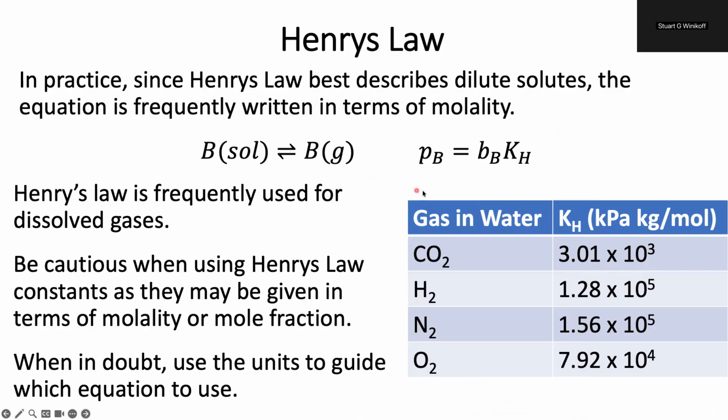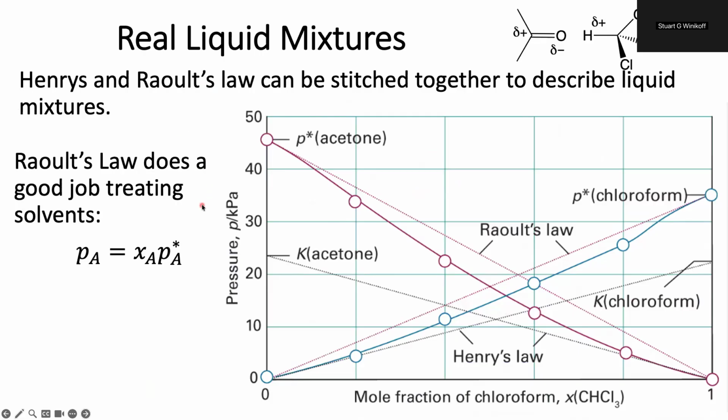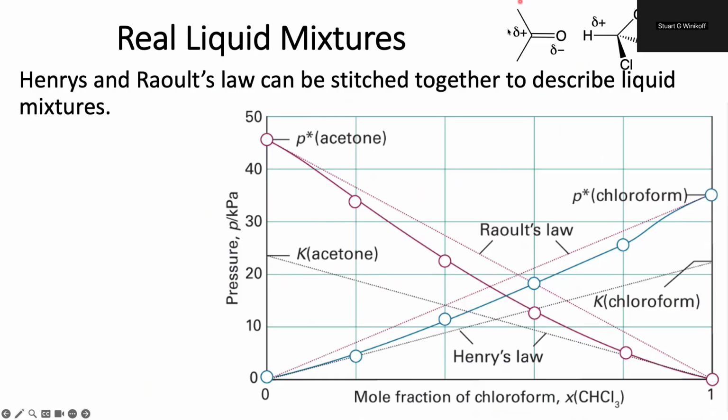Now, one of the big advantages of Henry's law is we can use Henry's law and Raoult's law together to describe most liquid mixtures. Because it turns out, and we can really see this when looking at a mixture of chloroform and acetone. So acetone, again, as we said previously, is polar. It has a slight positive charge on the carbon, but a big negative charge on the oxygen.